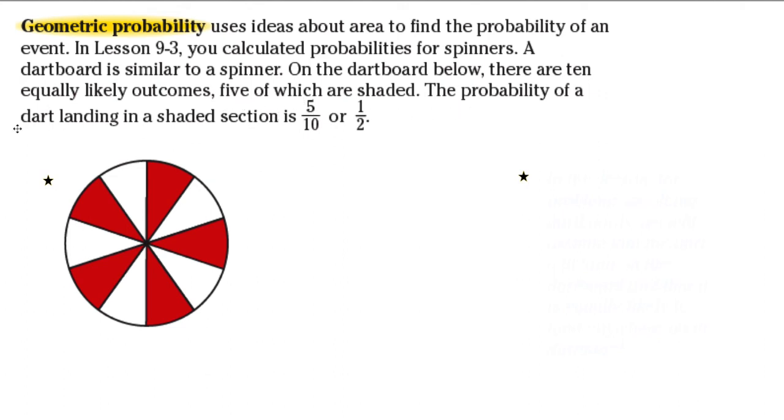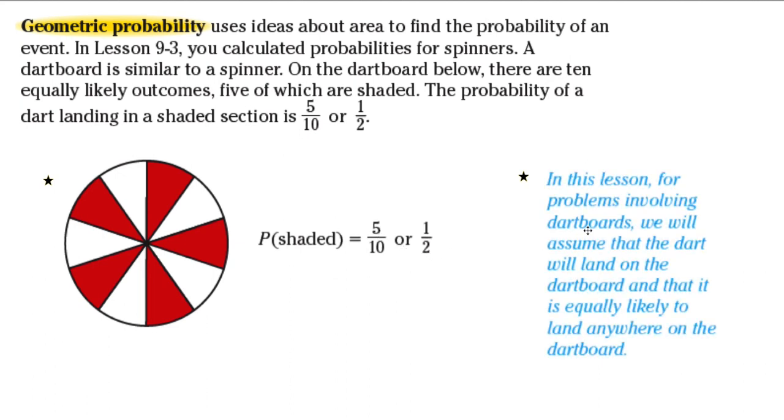So the probability of a dart landing in the shaded section is 5 out of 10, because 5 sections are shaded out of 10 possible outcomes, or 1/2. In this lesson, for problems involving dartboards, we will assume that the dart will land on the dartboard and that it is equally likely to land anywhere on the dartboard.